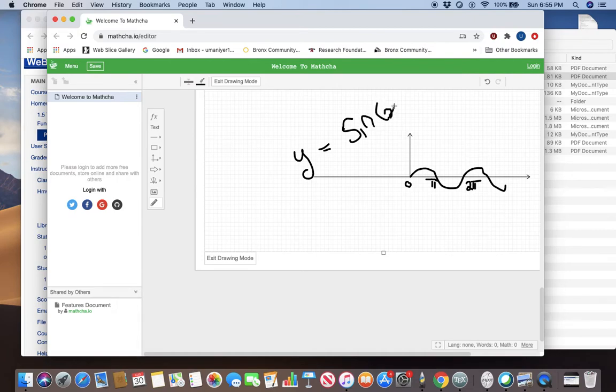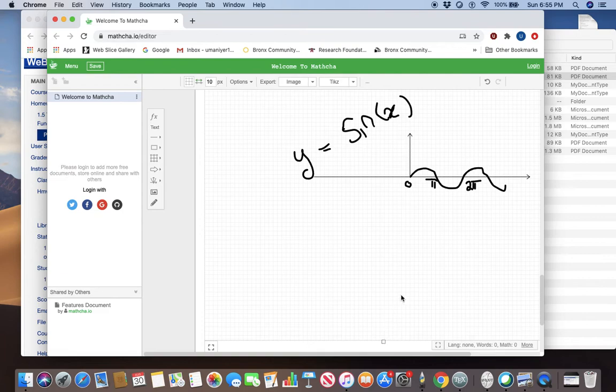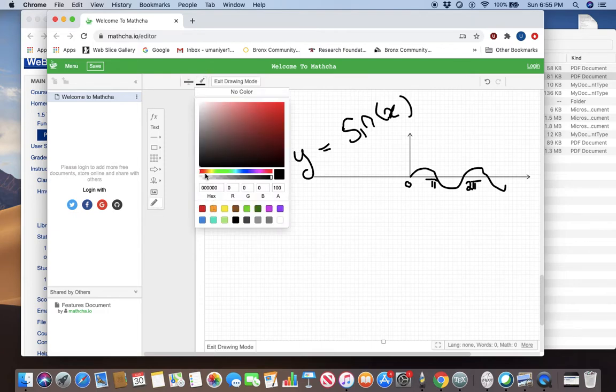So this is sine of x. So what do we expect will happen for cosecant? At 0 and pi, it's going to go to infinity, right? So let me make it in red so as to distinguish.